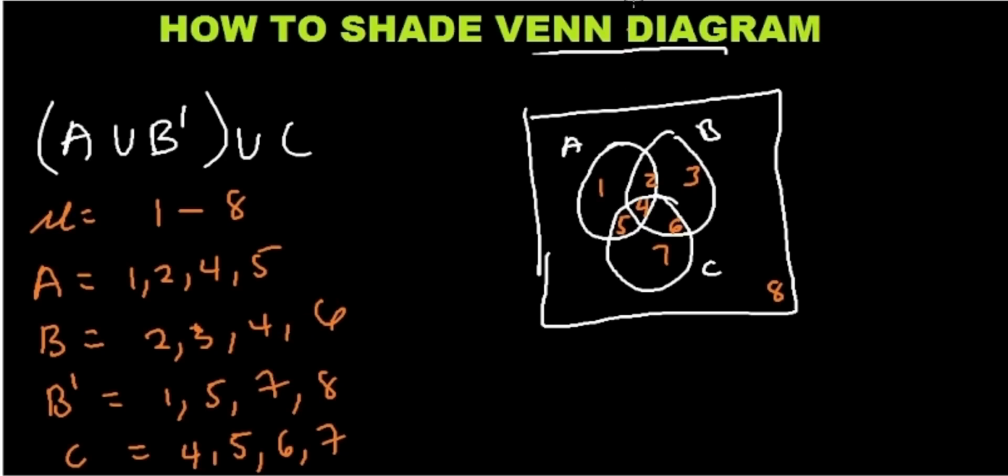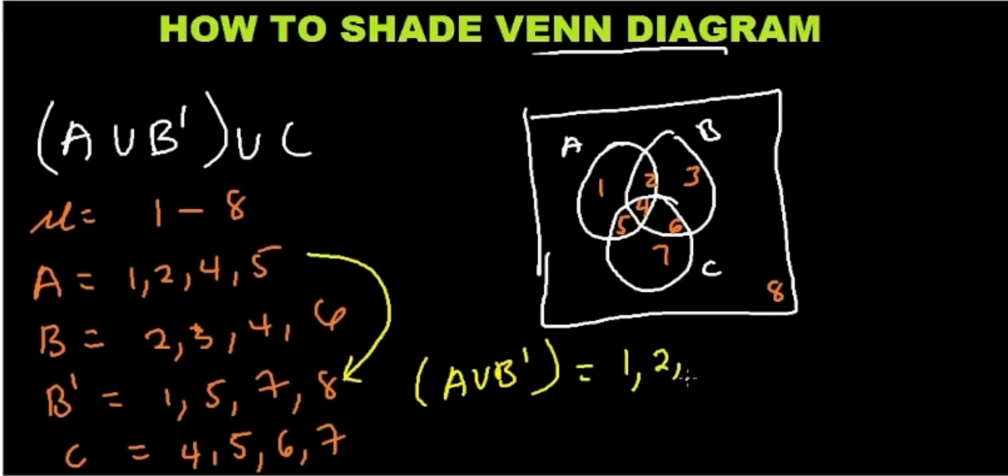So let's bring that together. We are to find the union of these two first, A and B complement. So we want to join these two together. So A union B complement will be 1, 2, 4, 5, 7, and 8.